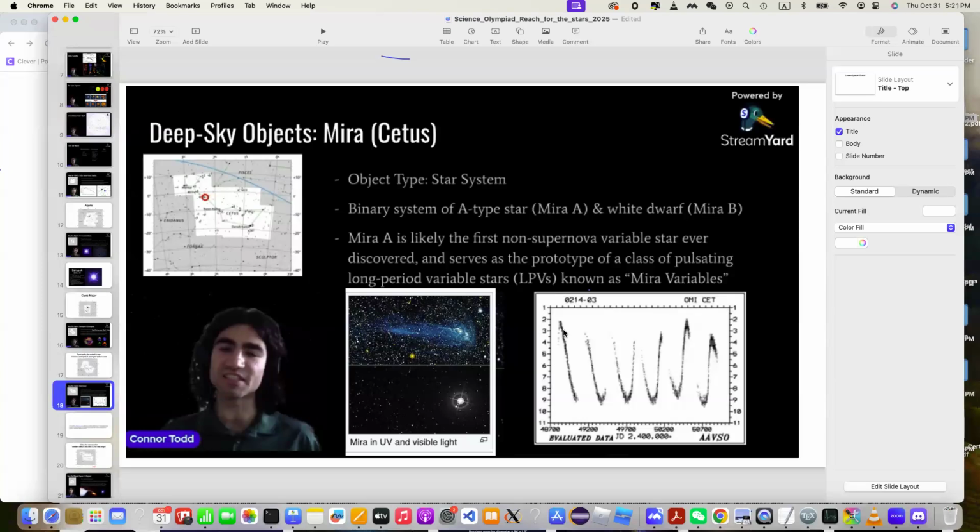Let's see how many periods there are: 1, 2, 3, 4, 5, 6, 7. So 2000 days divided by 7 is about 300. I think about 300 days for the period. In this way you can calculate the period of this variable star.